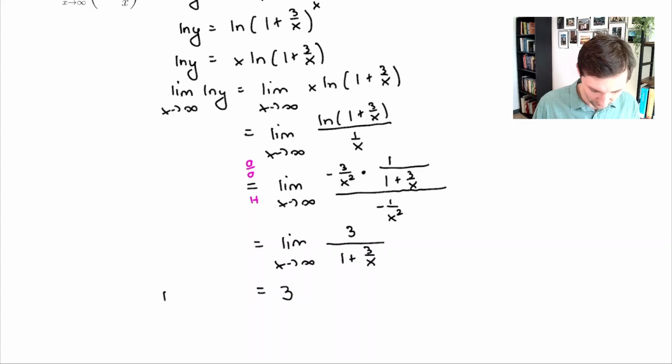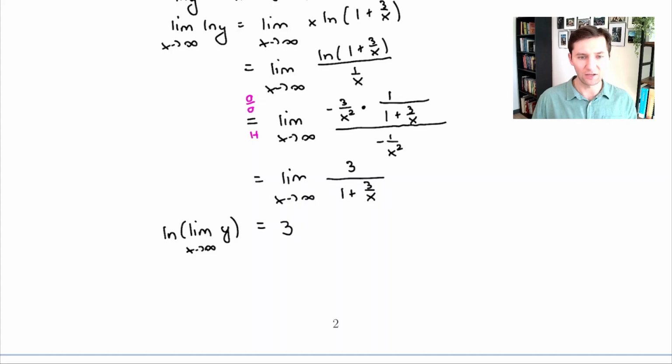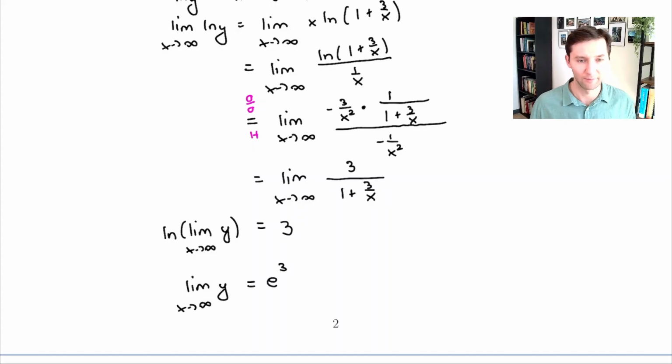So that equals ln of the limit of y as x goes to infinity. I take e to the left side equals e to the right side. When I do it on the left side, e and ln will cancel. So I will get on the left side the limit as x goes to infinity of y. On the right side, I will get e to the third power. So this limit is e to the third power.